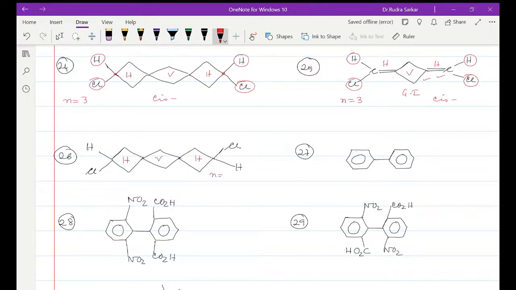So this molecule should be showing GI, and this we will be calling trans. So over here, 26 and 24, these two molecules will be geometrical isomers to each other.